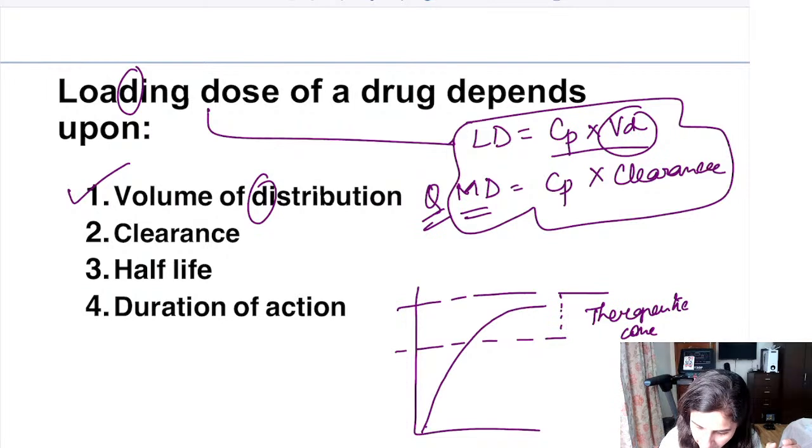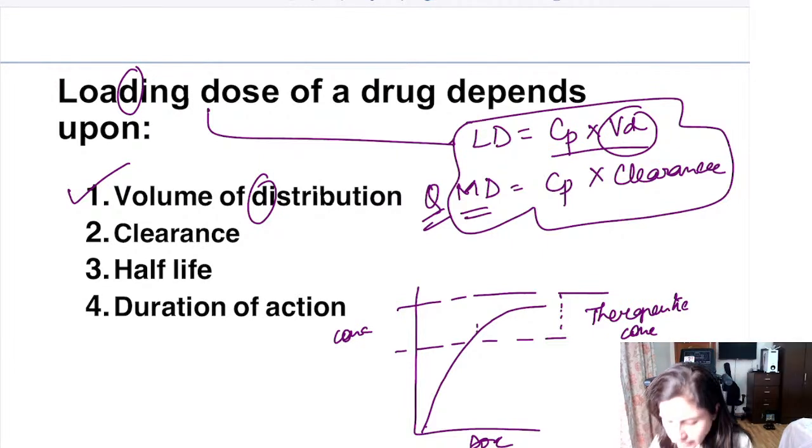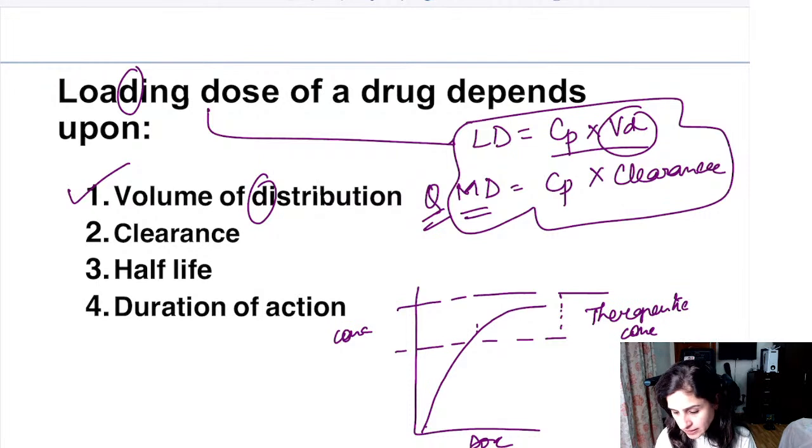So this is the drug, this is its actual concentration and this is the dose. So this is the concentration we have to achieve because we want the therapeutic concentration. To achieve this concentration, we give a big amount of dose of the drug so that this concentration is achieved quickly. That's called the loading dose.